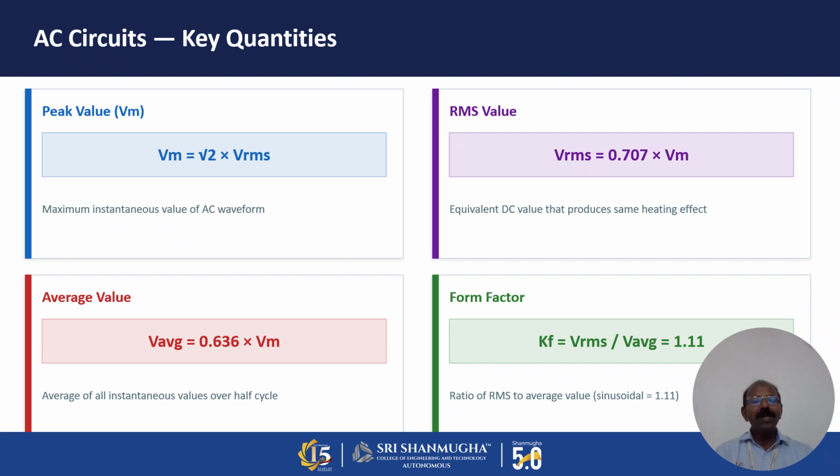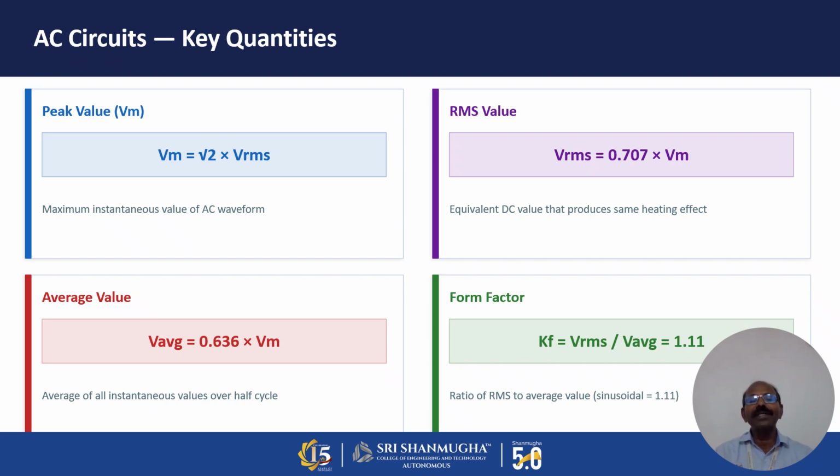So Vmax is equal to root 2 Vrms, Vrms is equal to 0.707 into Vmax, and the average value is equal to 0.636 into Vmax.